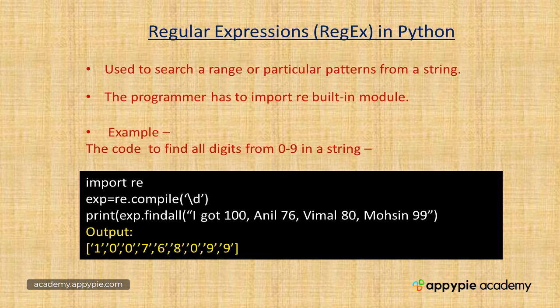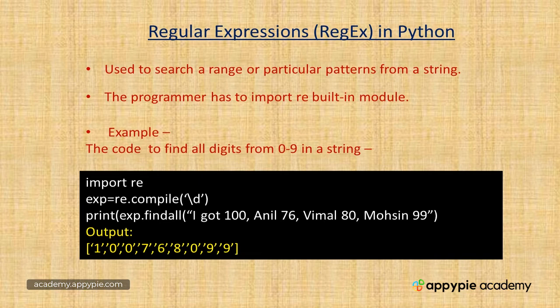So I am using it with the print statement. What does it mean? Now the exp variable is pointing that \d means we want to see only the digits present in the string. Let me remind you, \d means all the digits present in the string. So it will filter out all the other things which are other than digits.